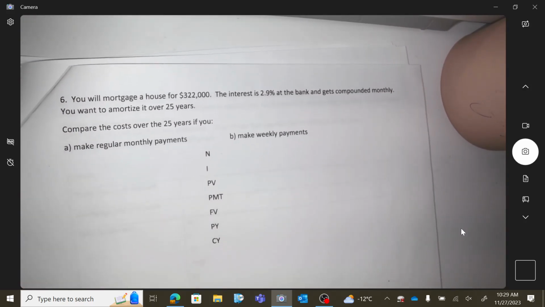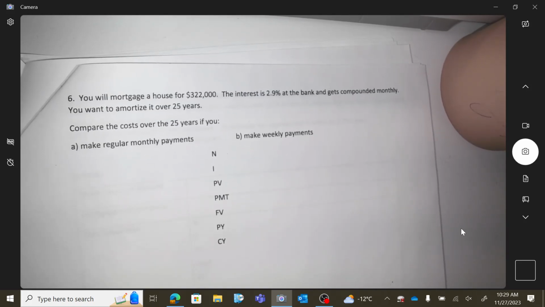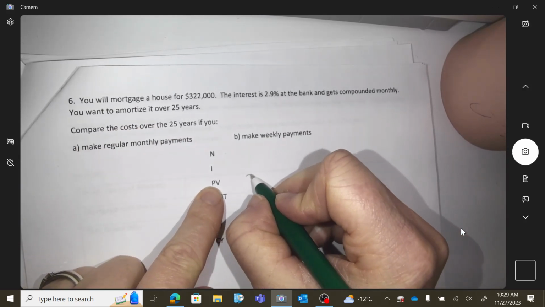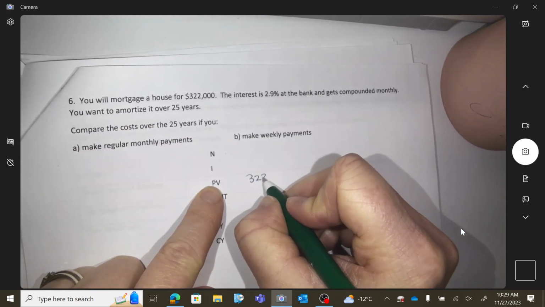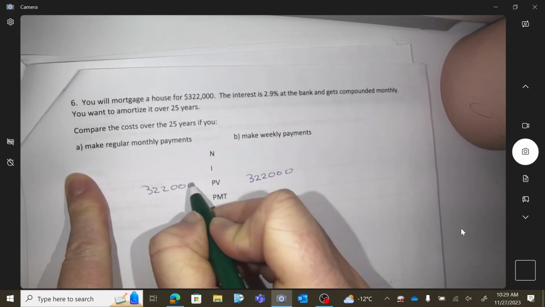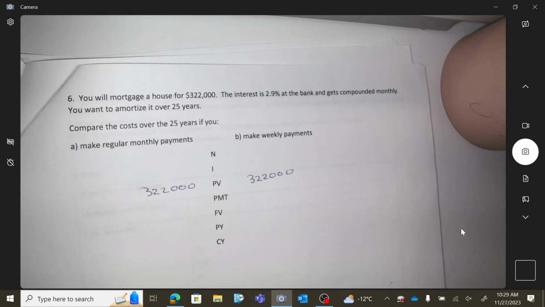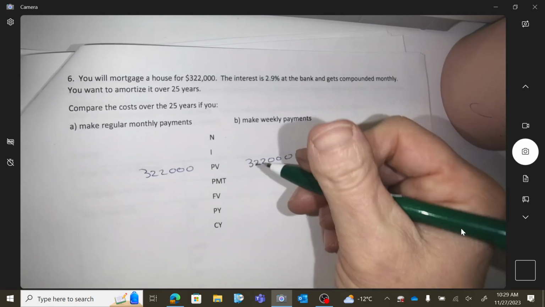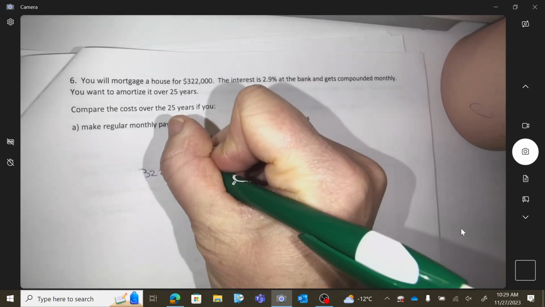Okay, so this one is comparing a mortgage with different payment frequencies. We're going to start both of them at $322, with 2.9 on both.